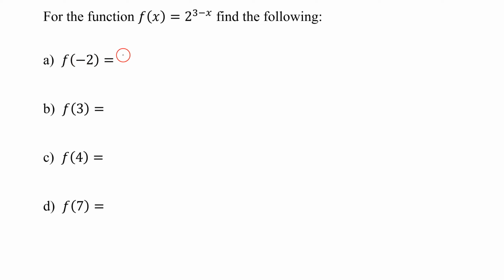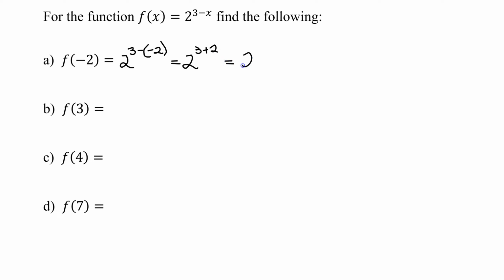So f of negative 2 is 2 raised to the 3 minus x, and x is negative 2. So I have 2 raised to the 3 minus a negative 2. So it's 2 raised to the 3 plus 2.